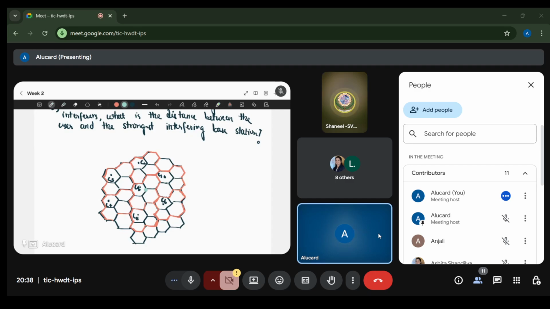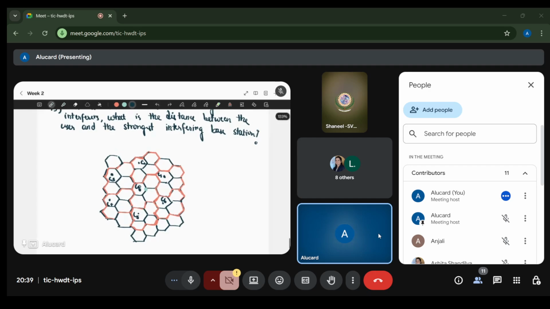You started out with this cell and you got six clusters surrounding it, right? Now you start out with the co-channel. There will be six clusters surrounding that co-channel also. It will have a similar pattern.